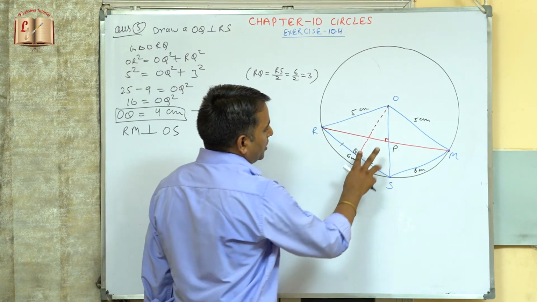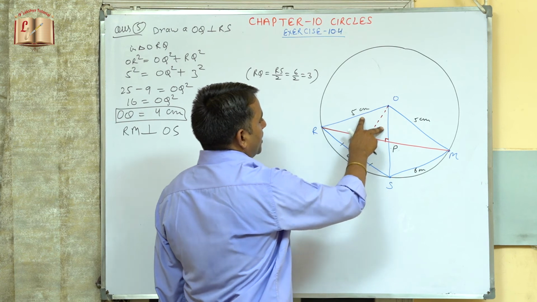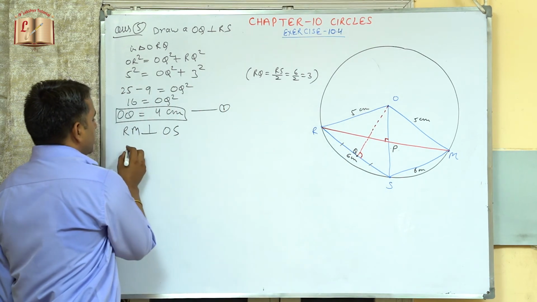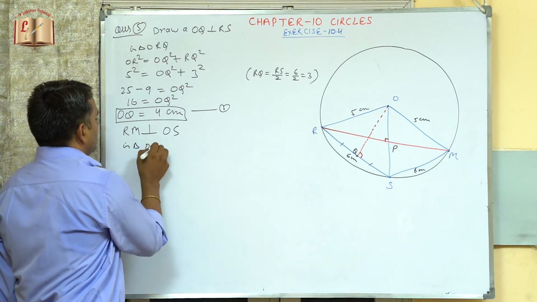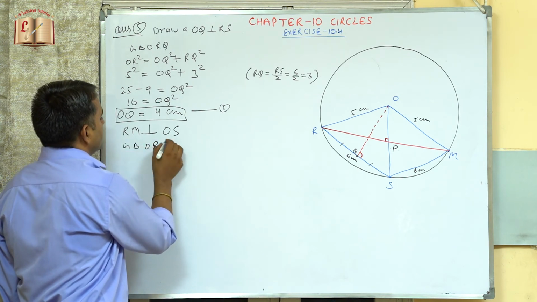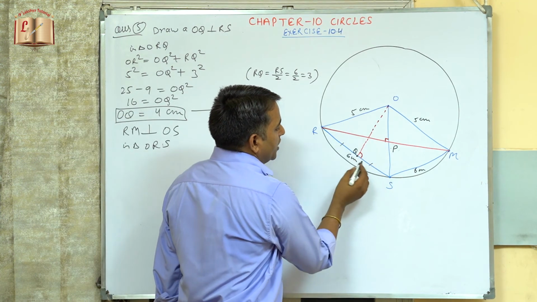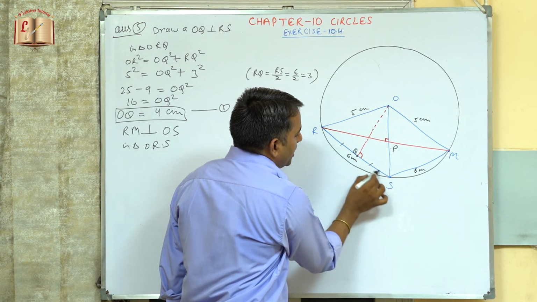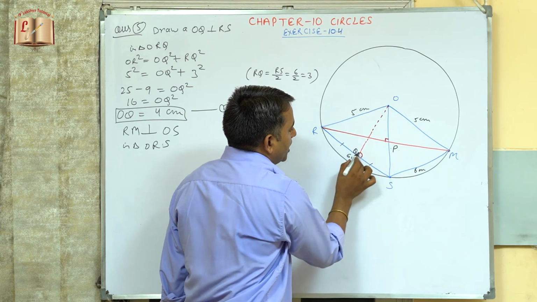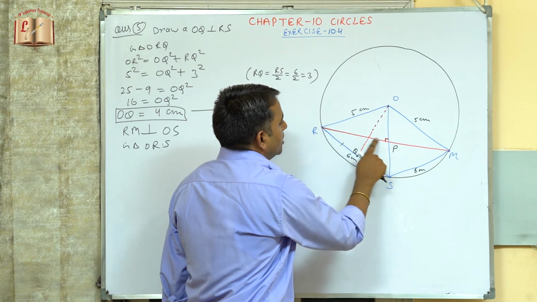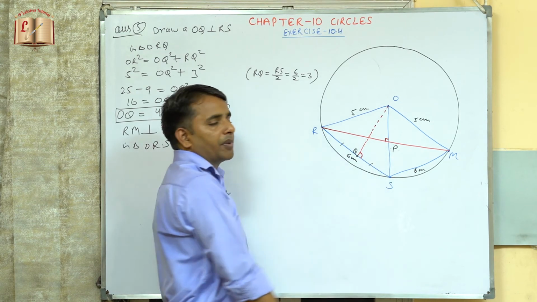Now coming to this complete triangle ORS, we can find the area of this triangle in 2 ways. Now see that this is the base and this is the perpendicular, and again OS is the base and this PR is the perpendicular.